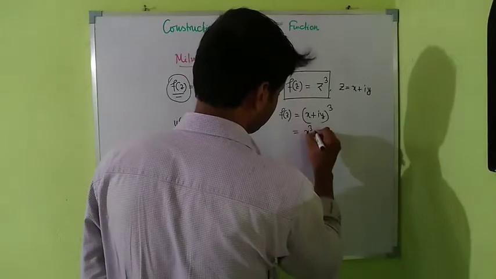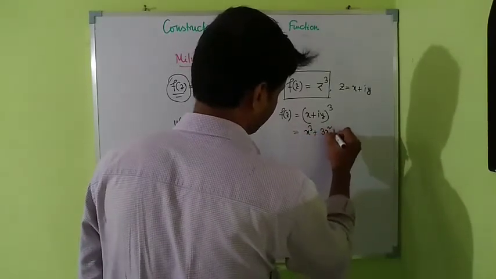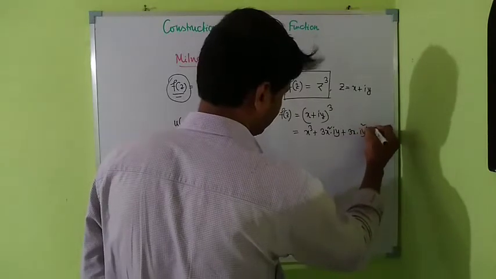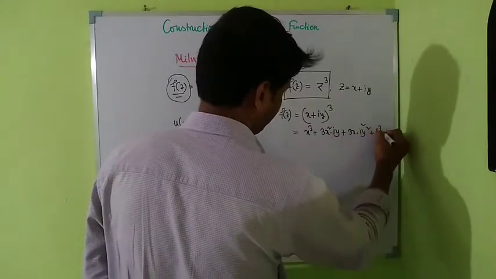That means this is x cubed + 3x squared (iy) + 3x (iy) squared + (iy) cubed.